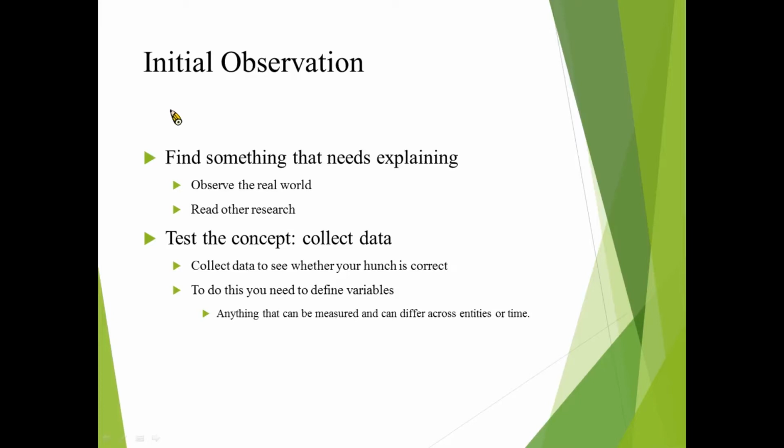You can ask your supervisor, and maybe he or she will give you some ideas, and maybe you can read the newspaper and the journal articles, and you will find some very interesting topic.